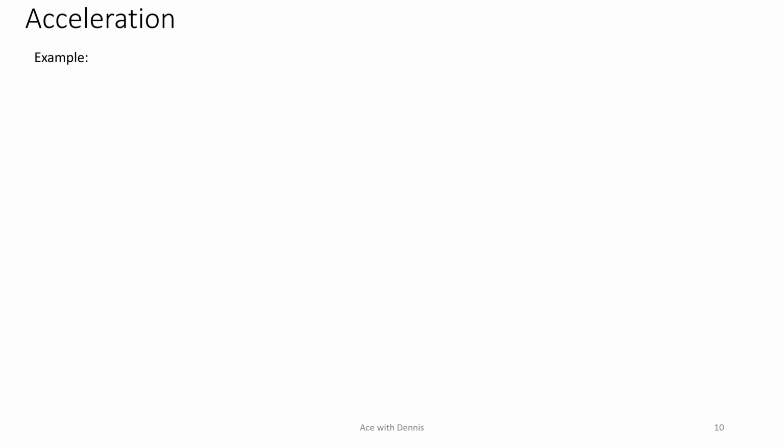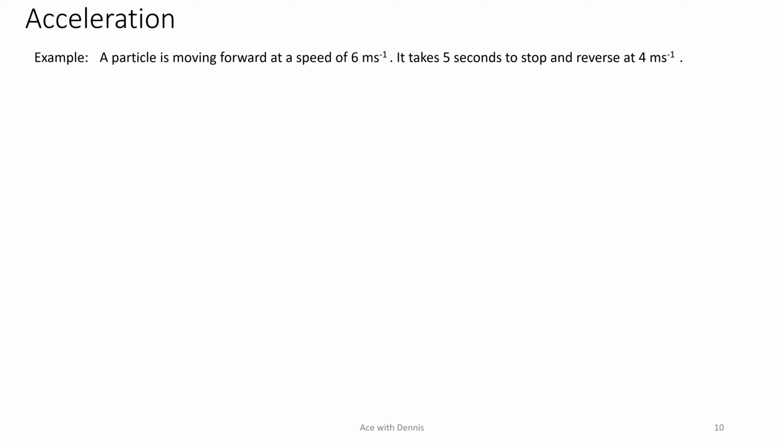Now, let's look at the example. A particle is moving forward at a speed of 6 meters per second. It takes 5 seconds to stop and reverse at 4 meters per second. This diagram illustrates the condition: 6 meters per second moving forward, and reverse.